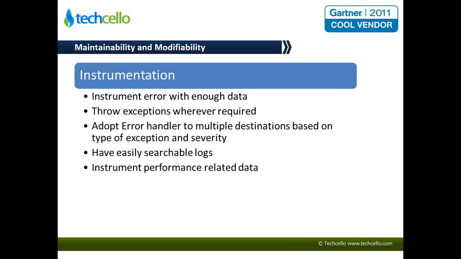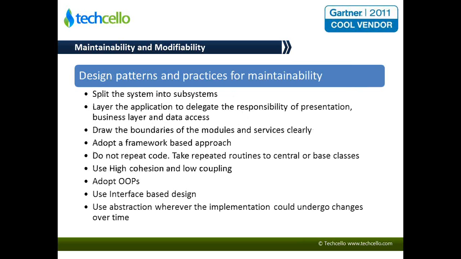If you are dealing with a system which has to provide high-end performance, then it's important to instrument performance-related data also. So instrumentation is the key for troubleshooting both error scenarios as well as performance scenarios.